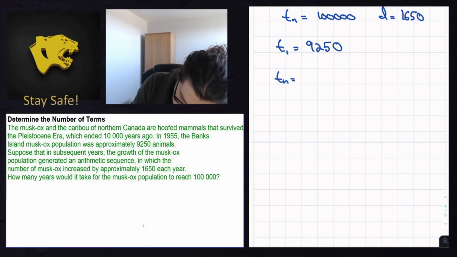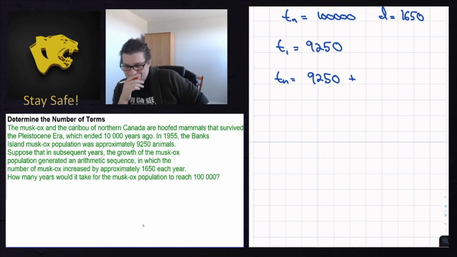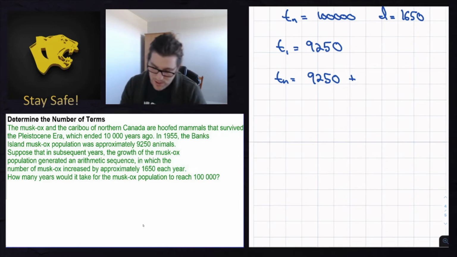So let's go. Tn is equal to T1 plus. Now, this is where it's kind of weird because normally I use n minus 1 here, which is kind of right. But I want to actually know how many common differences, because it would be the number of years past 1955 that I'm interested in.